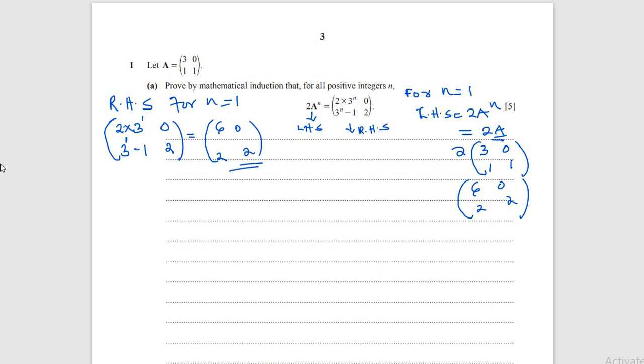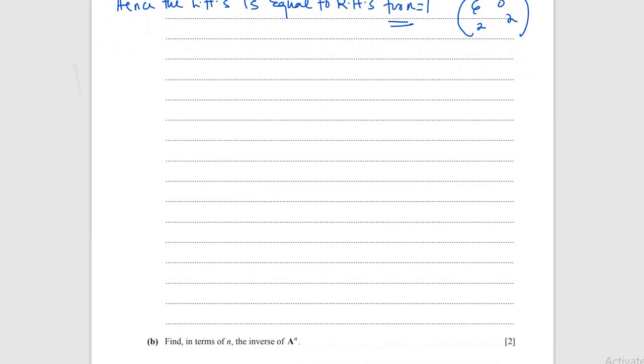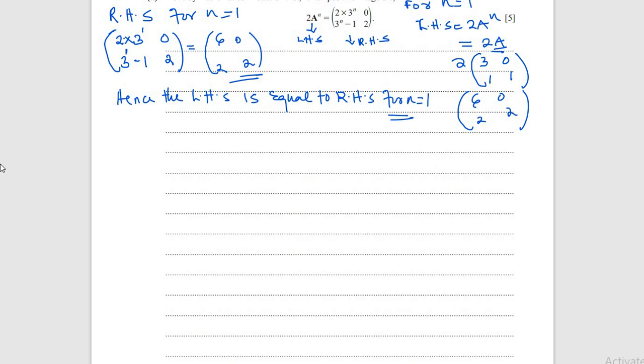So the left hand side is equal to the right hand side for n equal to 1. That's the first step in proving mathematical induction.